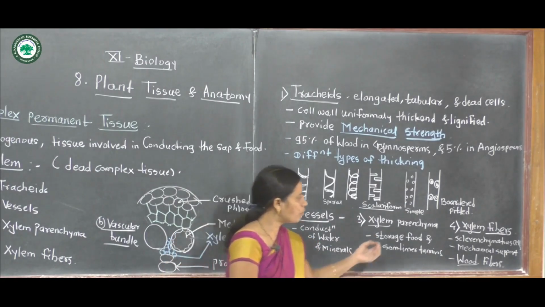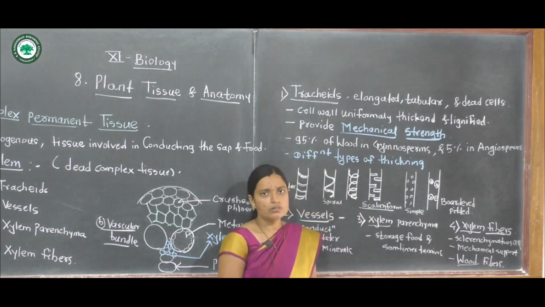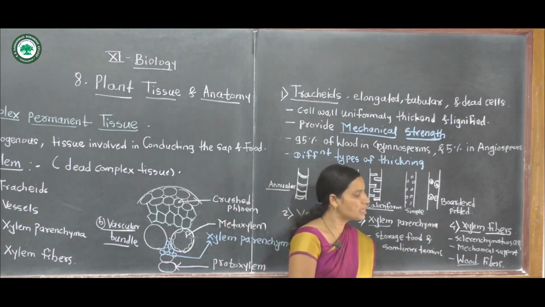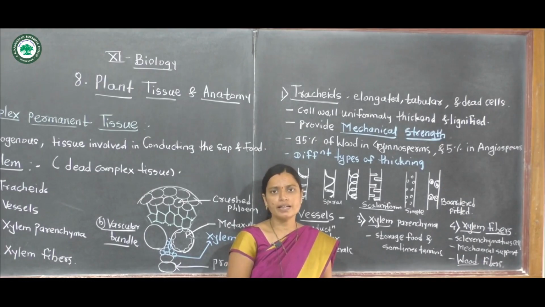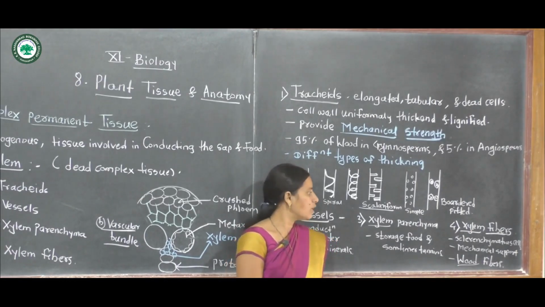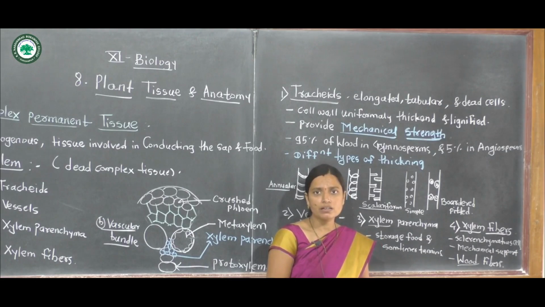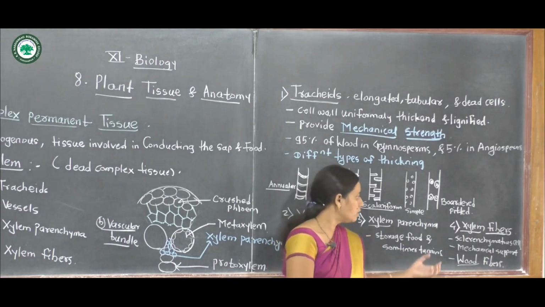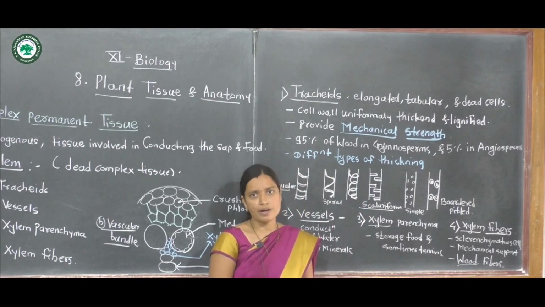The next type of cell is the xylem fibers. These are sclerenchymatous cells. Sclerenchyma is a dead tissue, and the xylem fibers are also sclerenchymatous. Their most important function is mechanical strength, and they are also important for the formation of wood fibers.